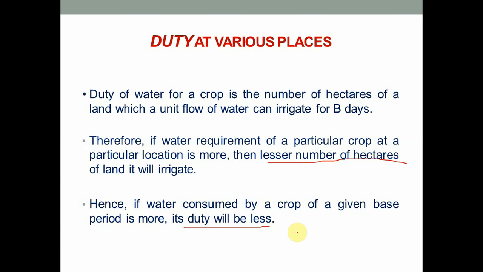So the water which is available for sugarcane will irrigate a smaller number of hectares, while the water available for wheat will irrigate more hectares, because wheat requires less water and sugarcane requires more water. So the duty of sugarcane will be less and the duty of wheat will be more.